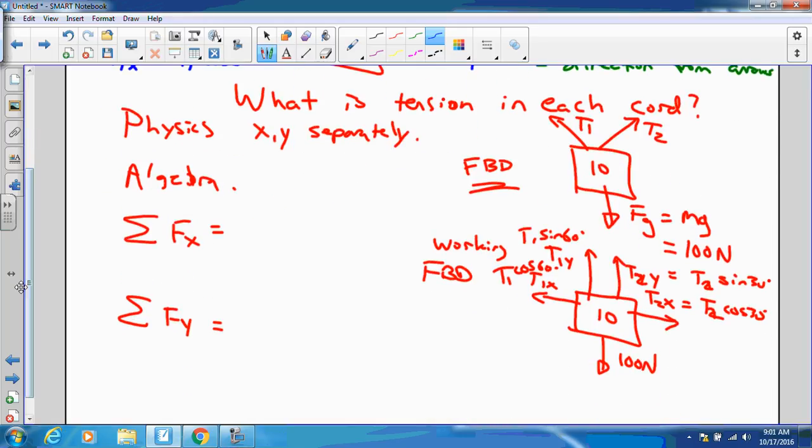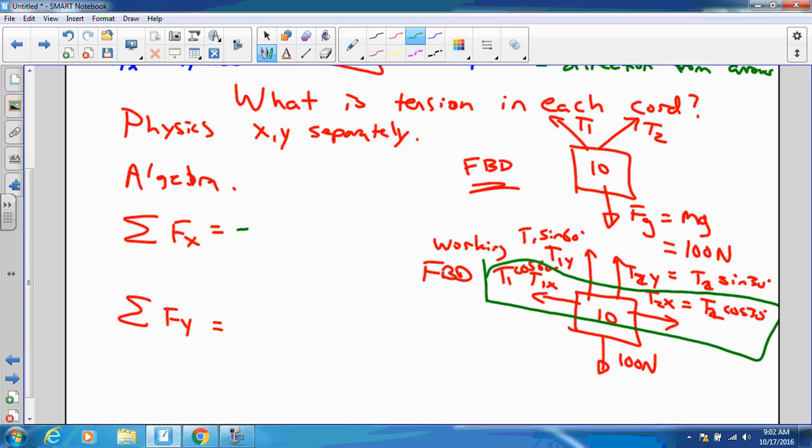So, I will show you the setup for this problem. Using this, our given angle method, we're going to come back to the sum of forces in the x direction, and we are going to take only the horizontal components as forces in the x direction.